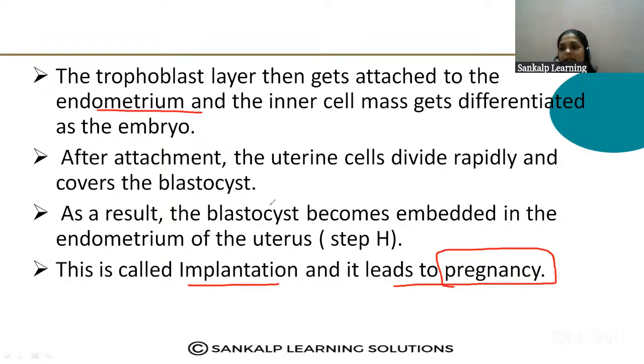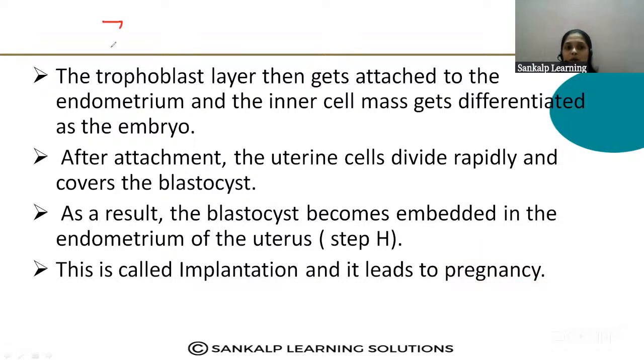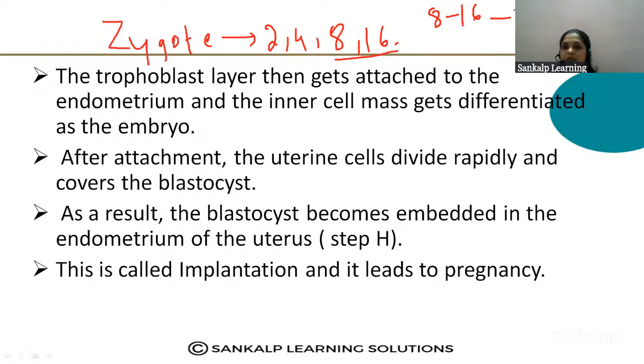Okay, so this is about the fertilization and the development of the embryo. How does the development of the embryo take place? Zygote will undergo the mitotic division and form the 2 cell stage, 4 cell stage, 8, 16 cell stage. Here we call 8 to 16 cell blastomeres a morula.